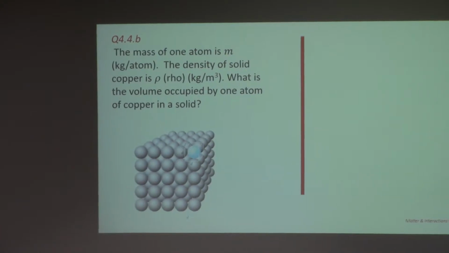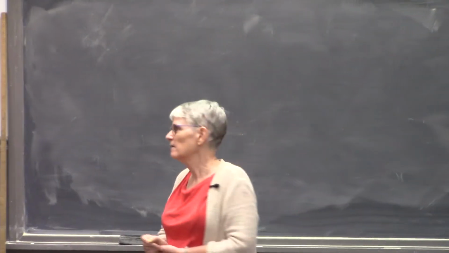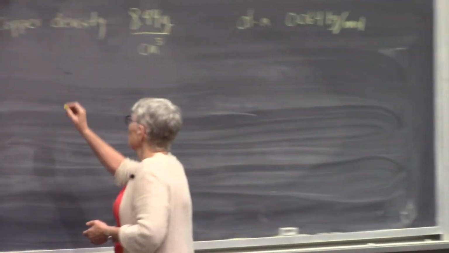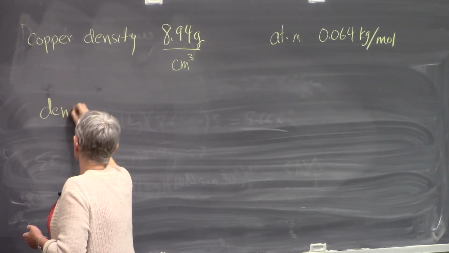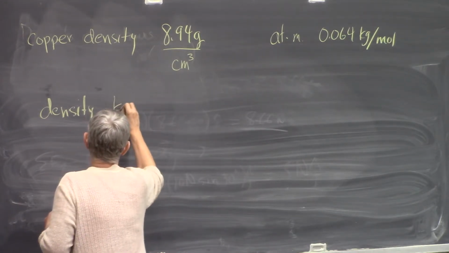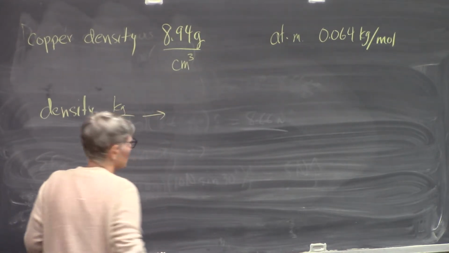All right, so it sounds like we've got various plans here. So if we have a plan, we start with density, and let's convert to kilograms per cubic meter just so we're in SI units.